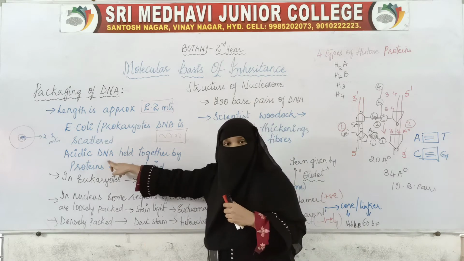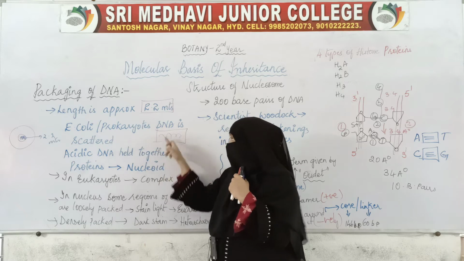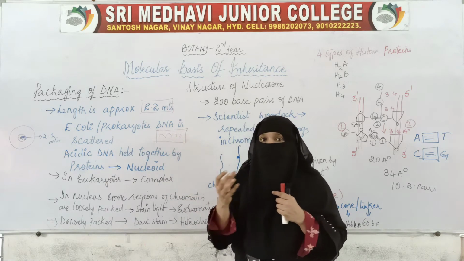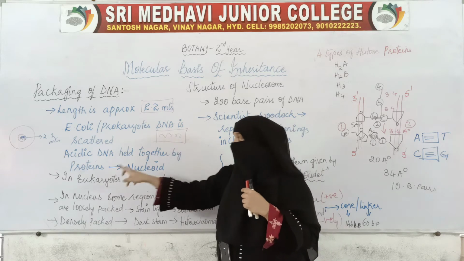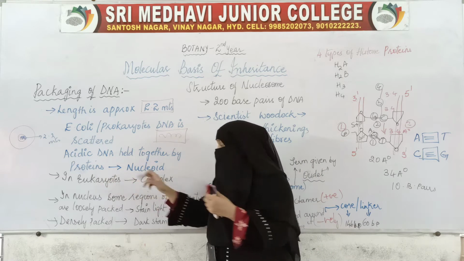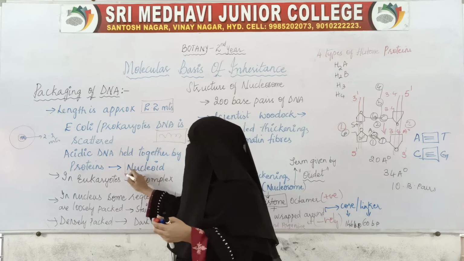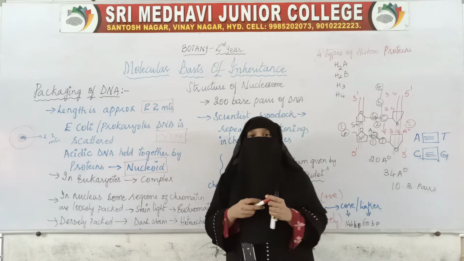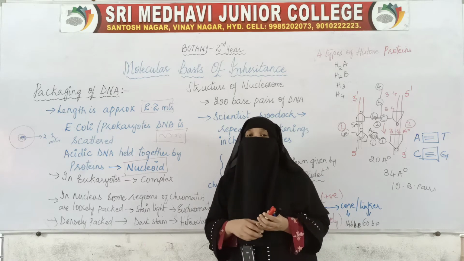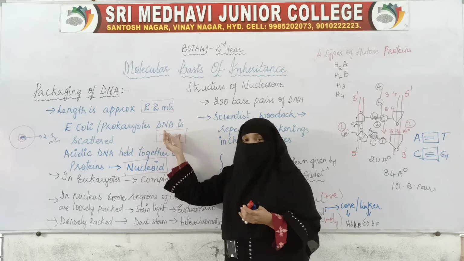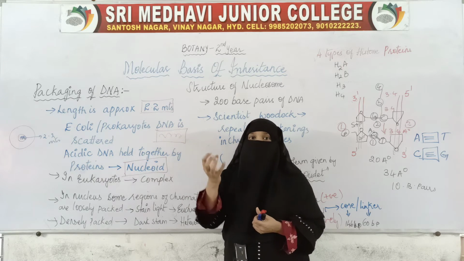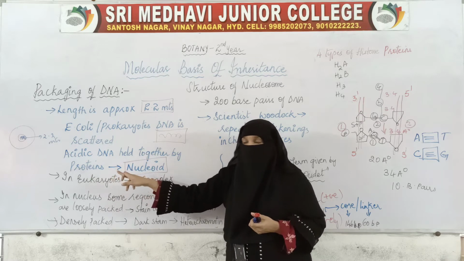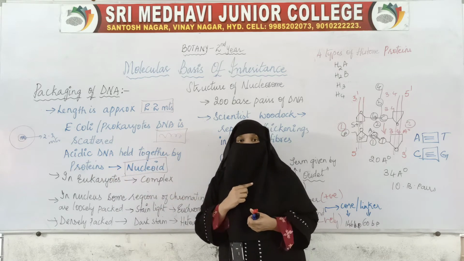This acidic DNA is held in a region by the positive proteins, and that region is called the nucleoid. Nucleoid is the place inside the cell where the DNA is held together by proteins.